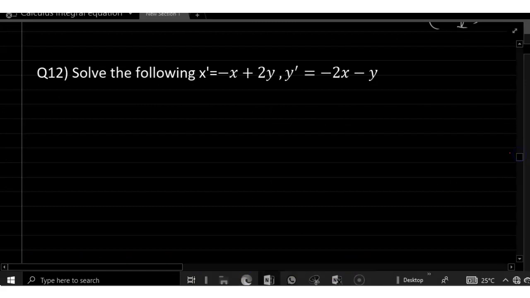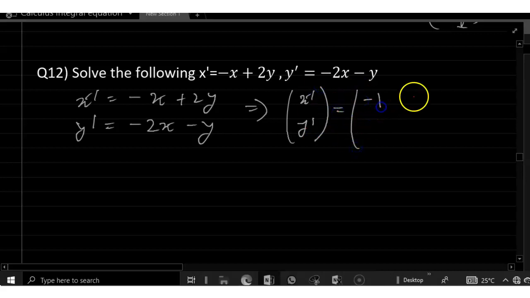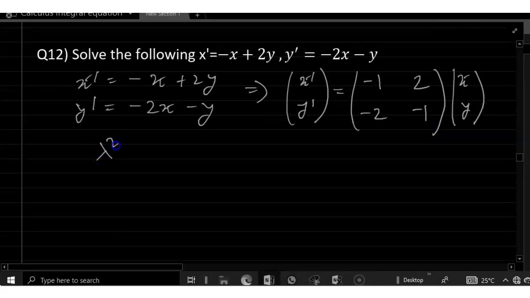Next problem is very same type of problem. x dash equals minus x plus 2y and y dash equals minus 2x minus y, and that implies (x dash, y dash) equals [minus 1, 2; minus 2, minus 1].